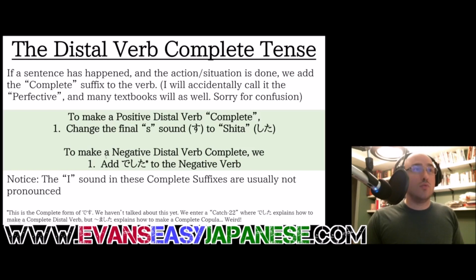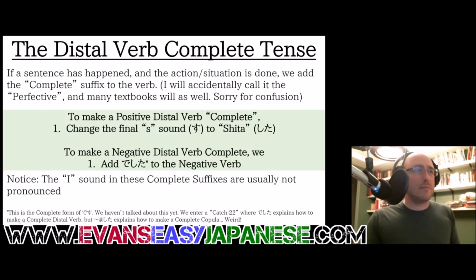You remember negative distal verbs end in masen. So we add deshita: blah blah blah masen deshita. However, if we're dealing with a verb, I think we did shimasu already. We've learned shimasu already. So we go from shimasu to shimashita.